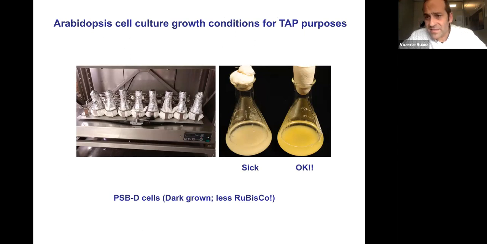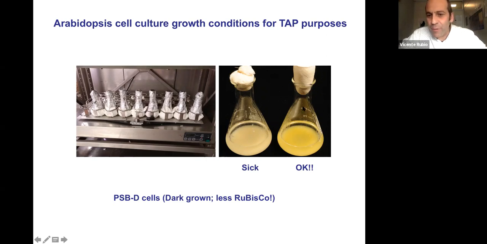These are Arabidopsis PSB-D cells that you maintain shaking at a specific temperature, and we maintain them under dark conditions. This is because we want to avoid production of Rubisco, which is a large contaminant in the purification of proteins from plants. And here you have two different examples.